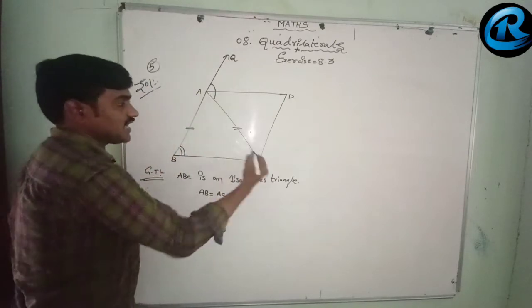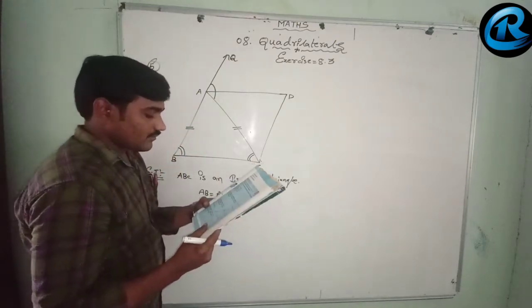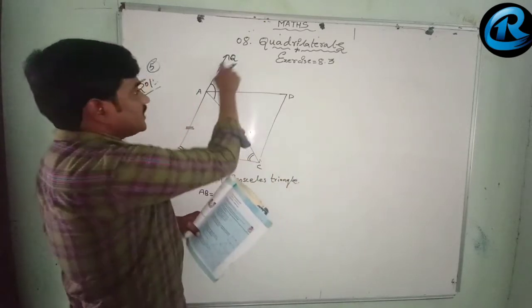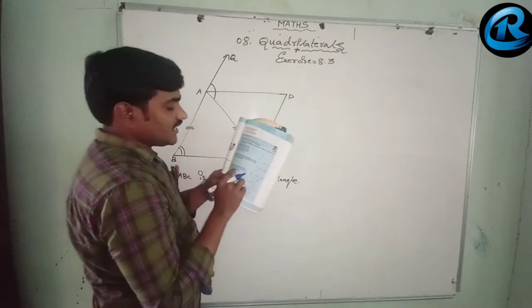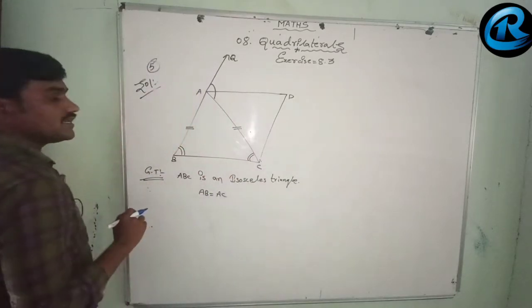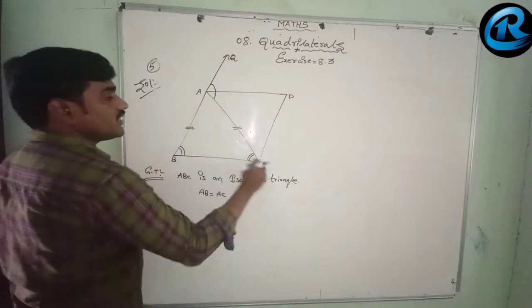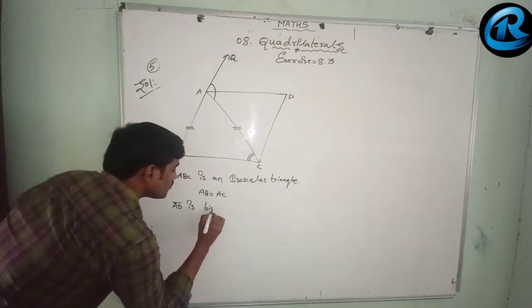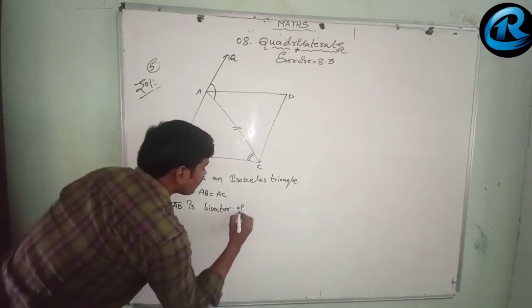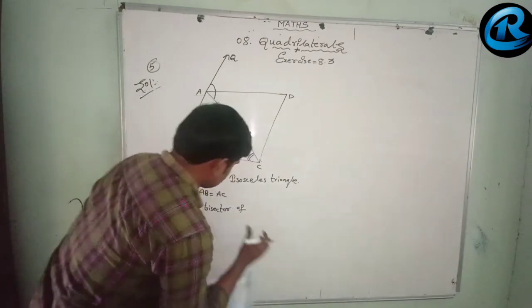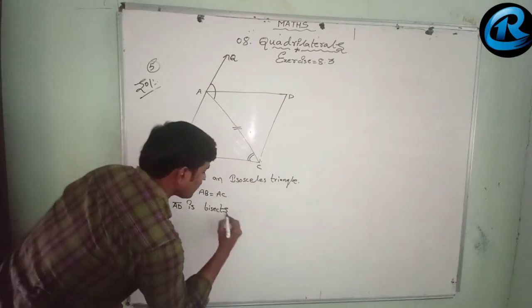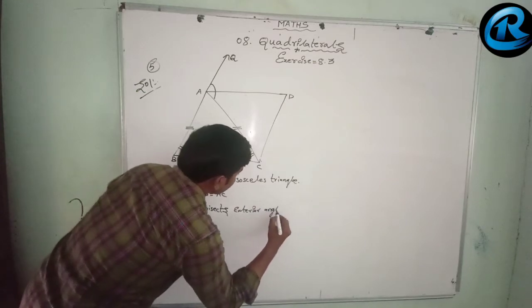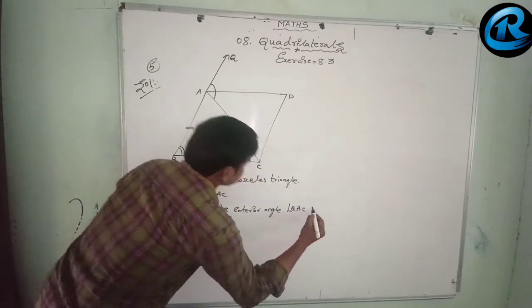Here AB side and AC side are equal. Then AD is the bisector of the exterior angle QAC.